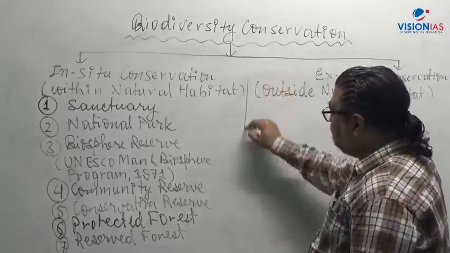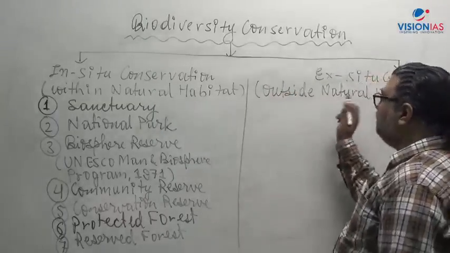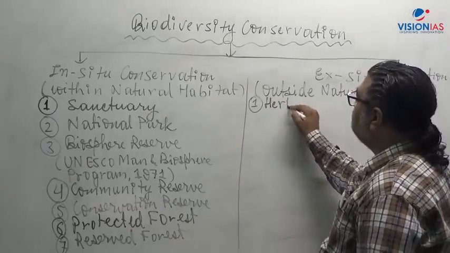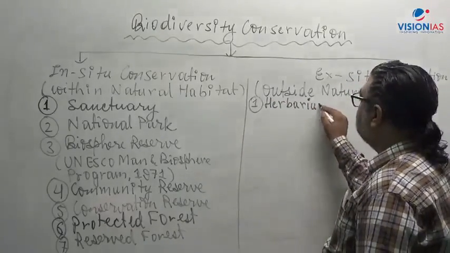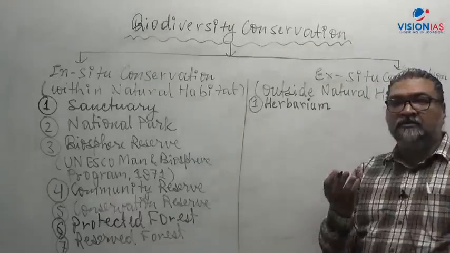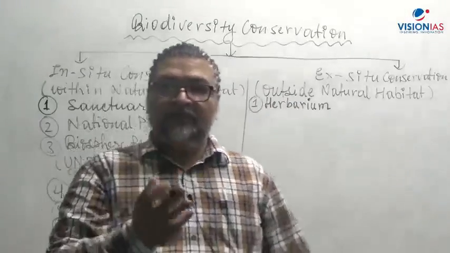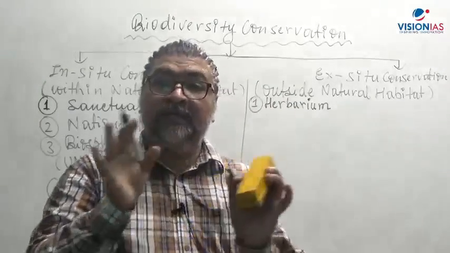So here ex situ conservation, the examples here, first one comes here for the plants, herbarium, herbs. Herbs are small plants. Their samples are conserved in herbarium.